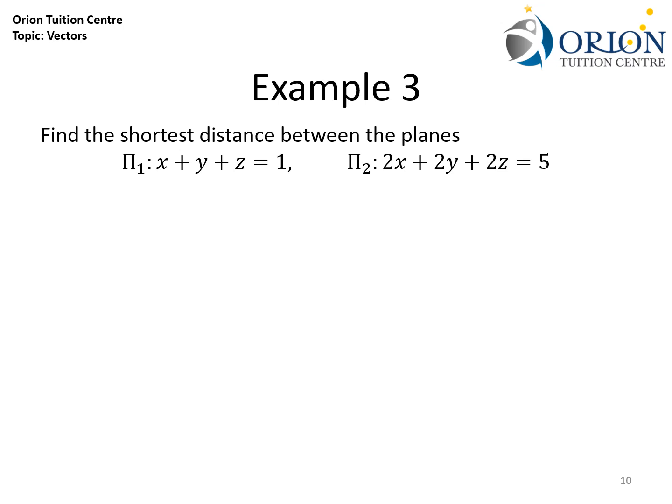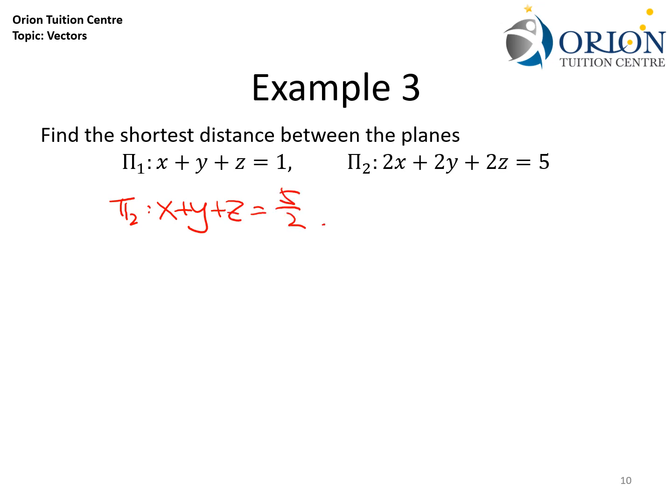In example 3, we are going to find the shortest distance between two planes. But now we see that the coefficients of the two planes are different, but we should realize that they are still parallel to one another, because I can rewrite pi 2 as x plus y plus z equals 5 over 2.